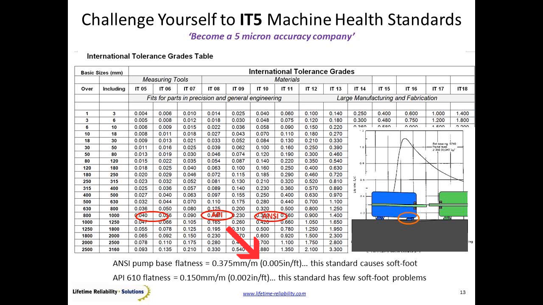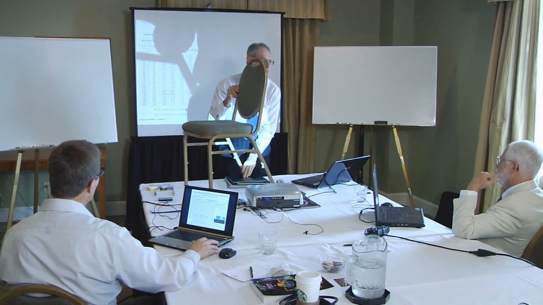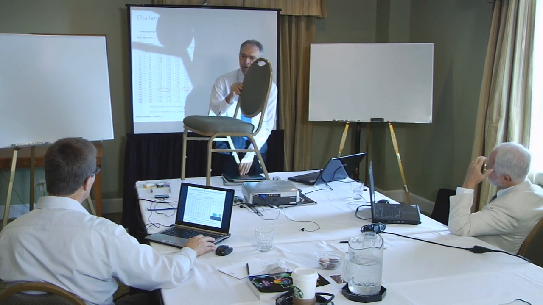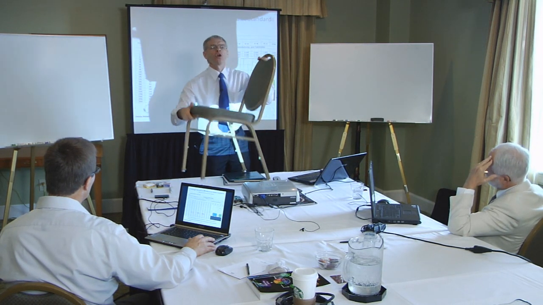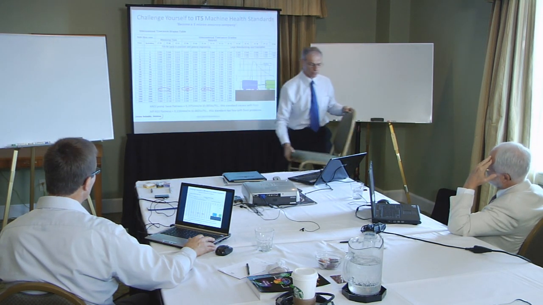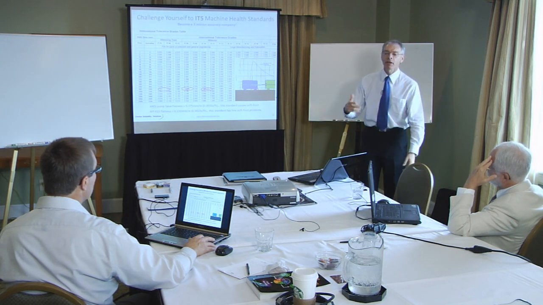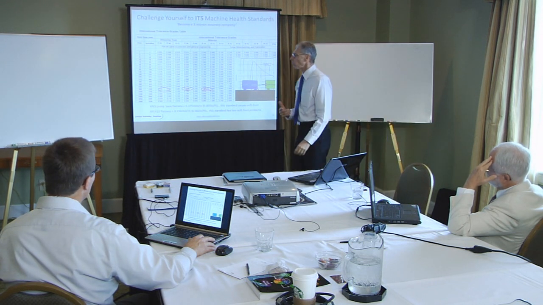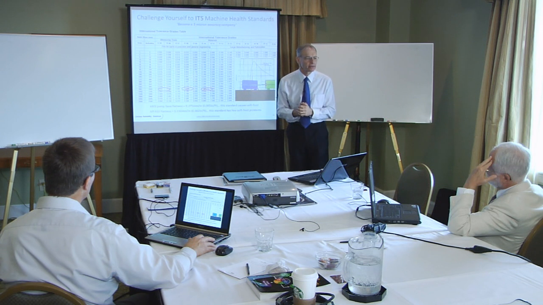Now 5 thou unflatness per foot is a really bad soft foot problem. That's terrible. Now this is saying until you're past 5 thou unflatness per foot, don't worry about solving a soft foot problem. Don't bother shimming it up. That's okay to accept.